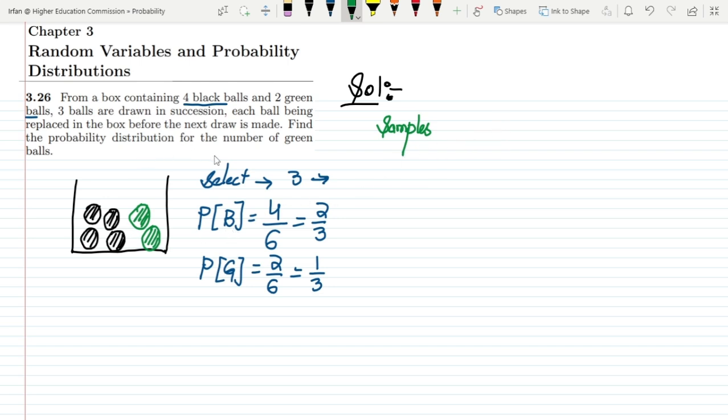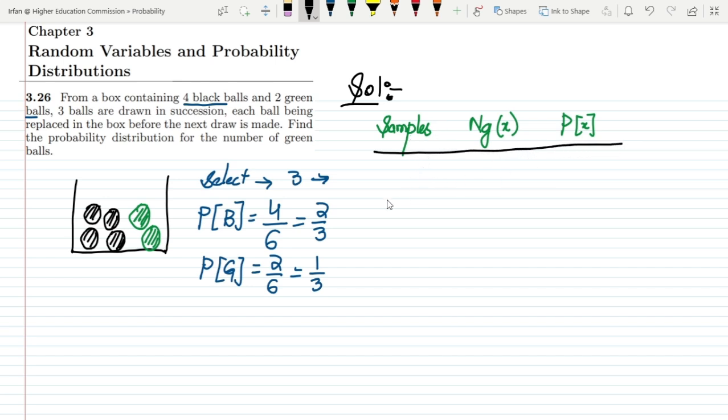I have to find the number of green balls and their probability distribution. So it will be the number of green balls, or ng, or it can also be represented as x, and also the probability of x of that event. Okay, so let me write them here, and here it will be like this one.